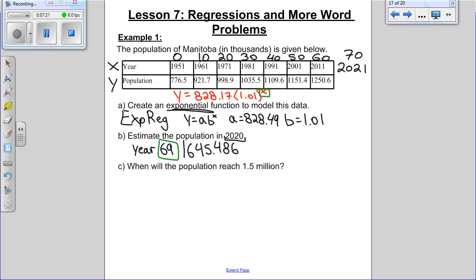Yeah, for sure. All right, so to put it in our calculator, I went 828.17 bracket 1.01 to the power of 69, close the bracket. Like that.